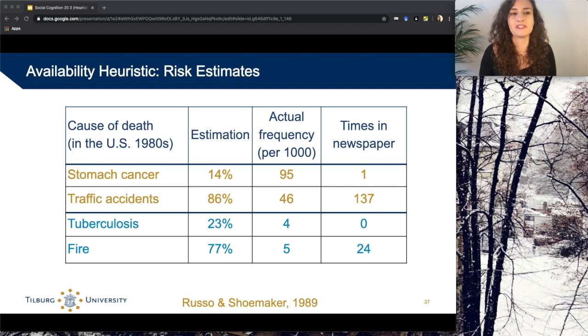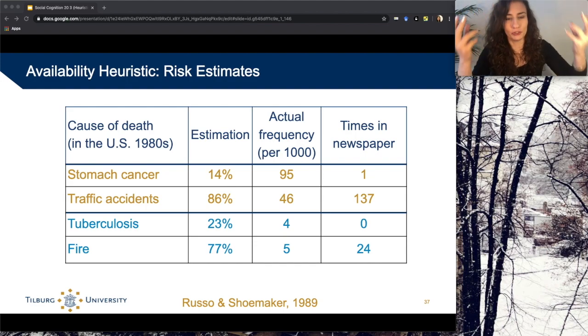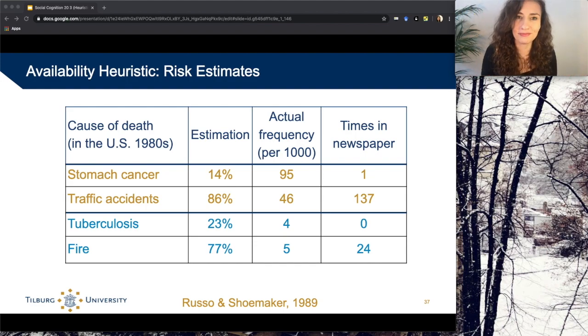The actual frequency of deaths in the US from tuberculosis and fire is about the same. But again, featured in the newspaper more often are fires, and much less, or in this case not at all, tuberculosis. So again, we can see this match between estimation and availability in the public knowledge. Right.